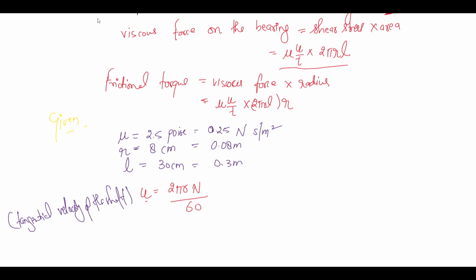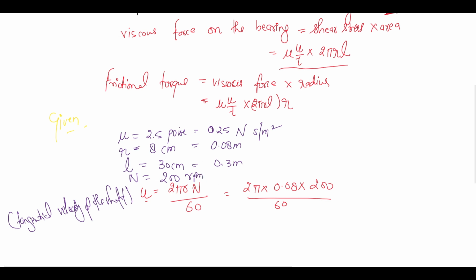Now you can write 2 pi, R is 0.08, and rpm is given as 200, divided by 60. So n is equal to 200 rpm.